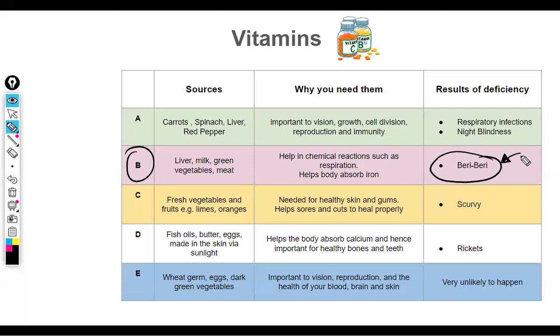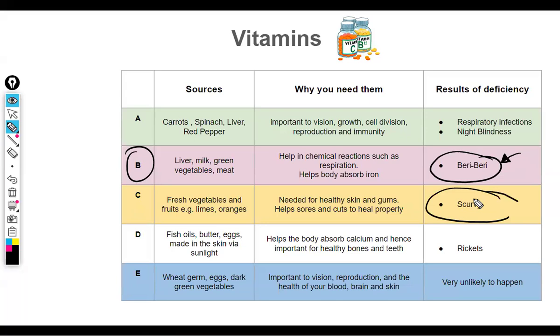So you have trouble thinking. When you try to talk, you can't talk properly because you're confused. You can't get the words out of your mouth properly. So please get enough vitamin B, otherwise you get very, very confused and you can't think properly.